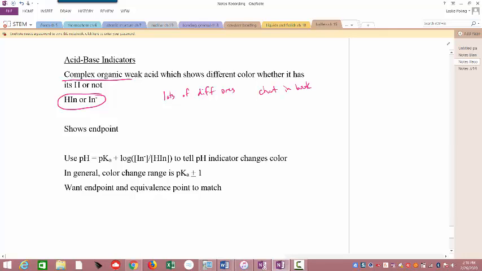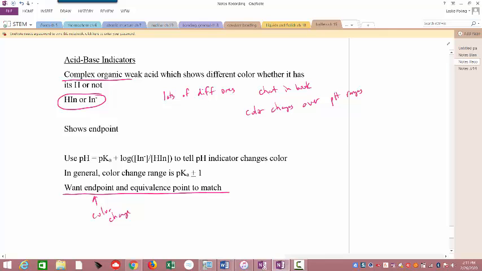There's a chart in the book that shows the color changes over what pH ranges they change. So you want to pick one where the end point, i.e. the color change, is going to match your equivalence point.